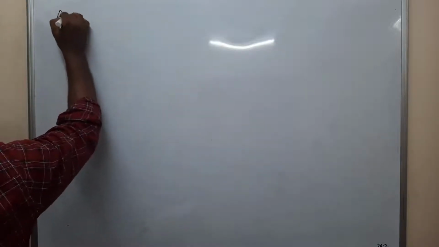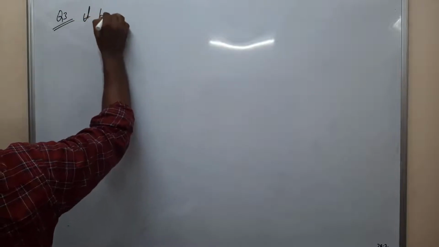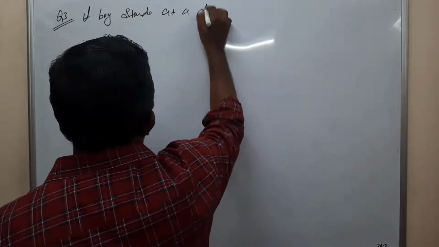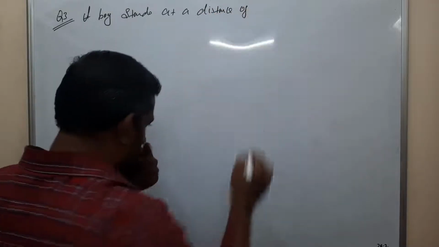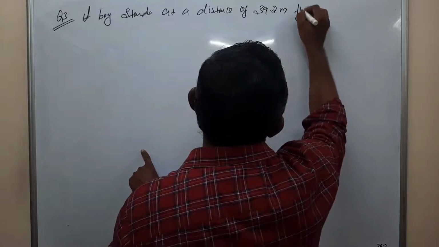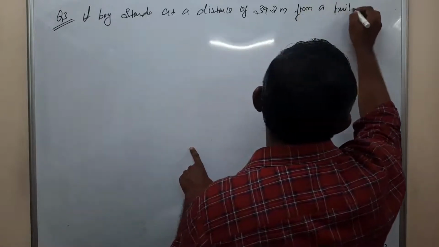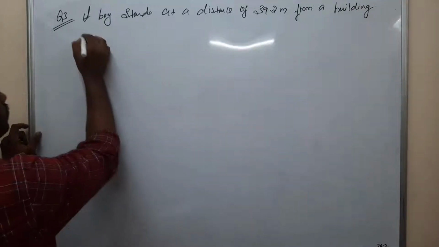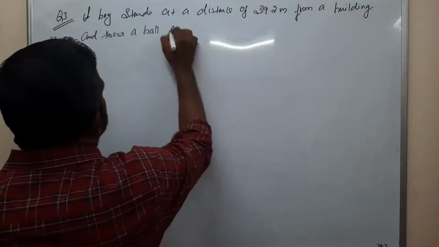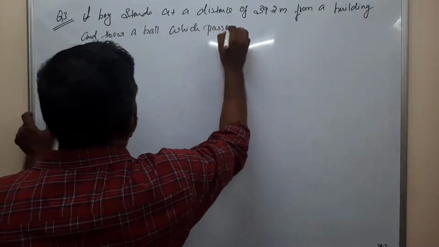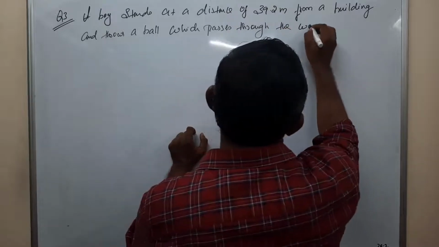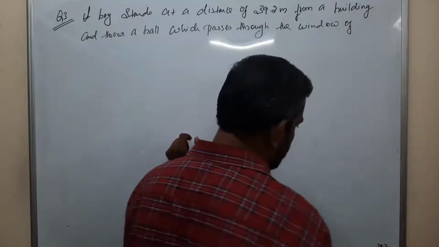Question 3. A boy stands at a distance of 39.2 meter from a building and throws a ball which passes through the window of 19.6 meter height.